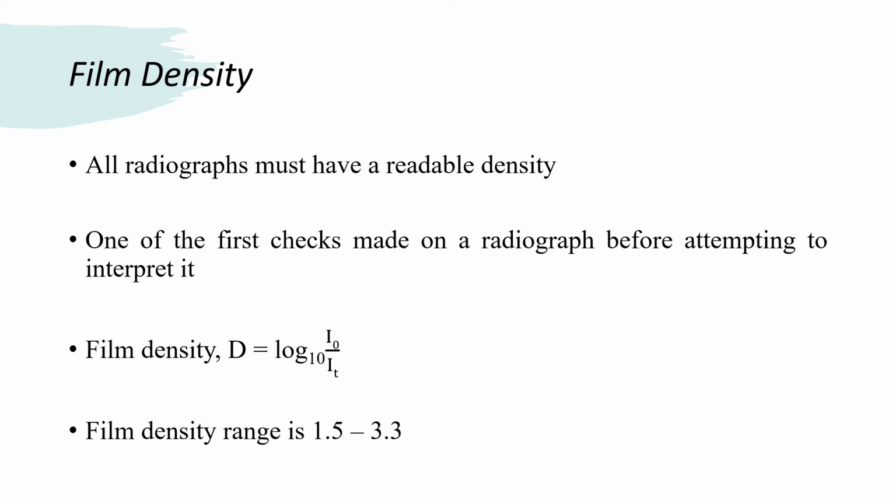To check the density in a radiograph, a densitometer is used. For specification calls for a film density, the density range is 1.5 to 3.3.